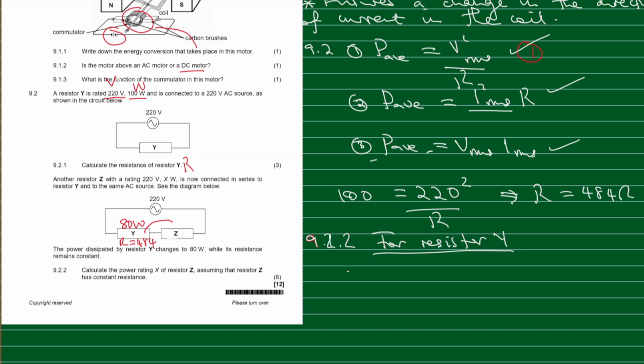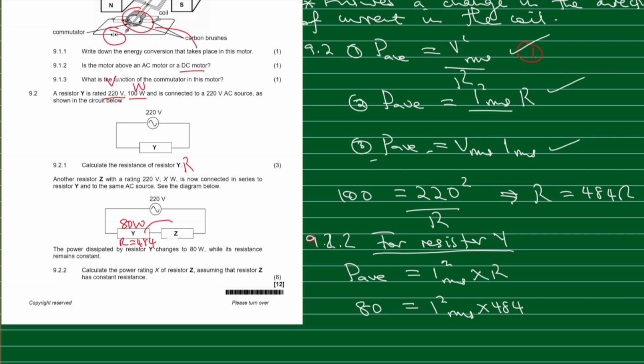So for resistor Y, we've got the P average is equal to, because I want current, I'm going to use the formula for current, which is I RMS squared times the resistance. Our P average we are given is 80, equal to I RMS squared times 484.